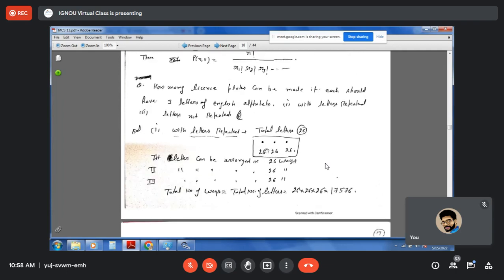Total alphabets are 26. Any one from 26 can appear. So what is the result? First letter can be arranged in 26 ways, second letter in 26 ways, third letter in 26 ways. The total number of ways is obtained by multiplying, the multiplication theorem. Until the process is completed, multiply all the terms. 26 into 26 into 26 is equal to 17,576.